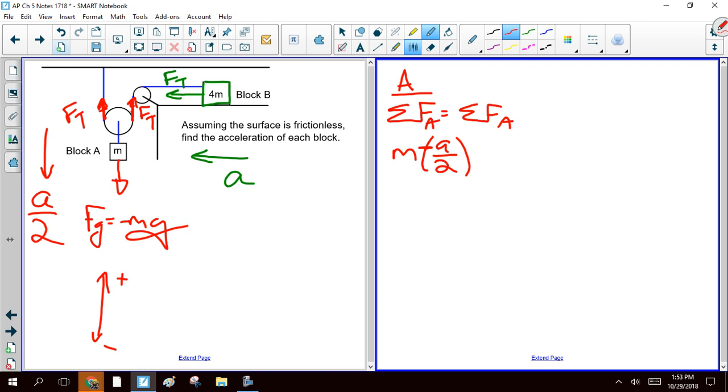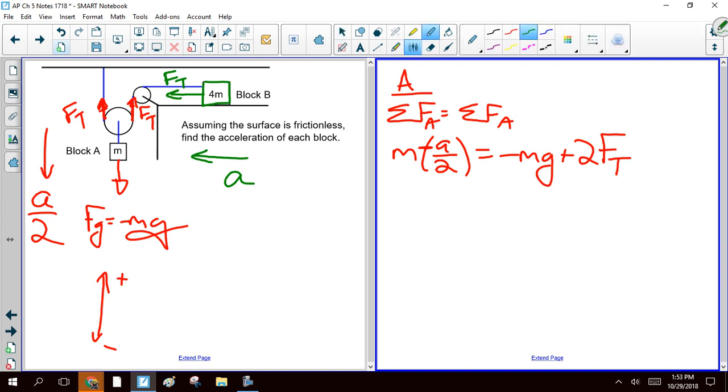Because it's going to accelerate down. And that's got to equal negative mg plus, there's two tension forces, right? So I was debating whether I wanted to write plus Ft or not. Okay, so that is one equation, all right?